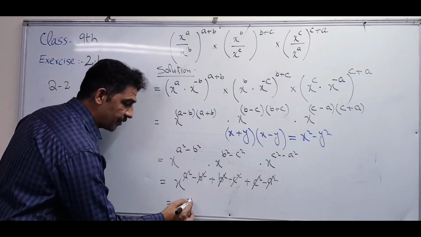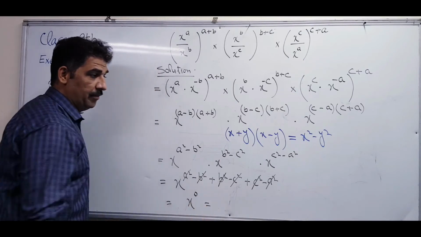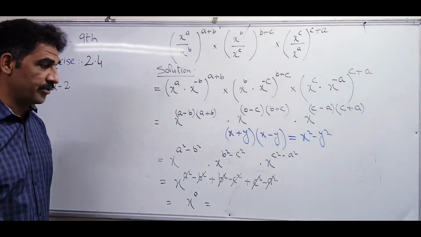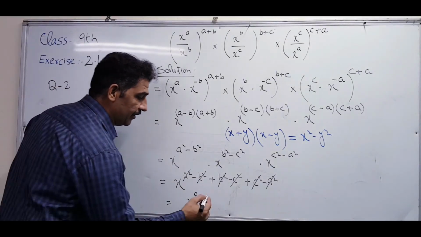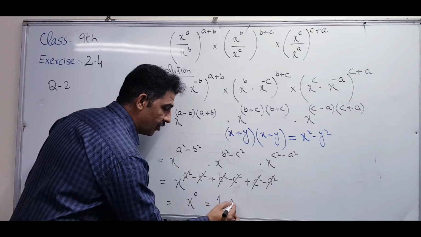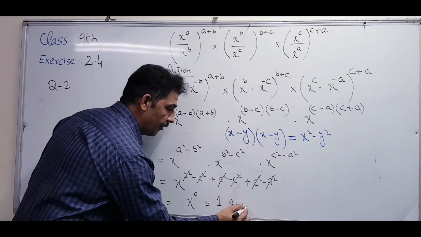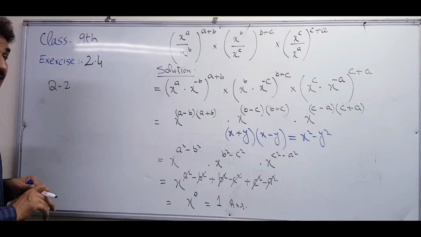So x exponent 0. And any variable whose exponent is equal to 0, what is its answer? 1. Absolutely right. Its answer is equal to 1. Good.